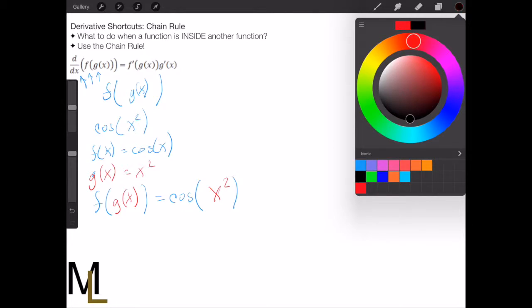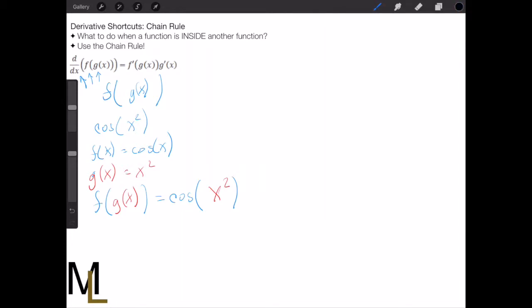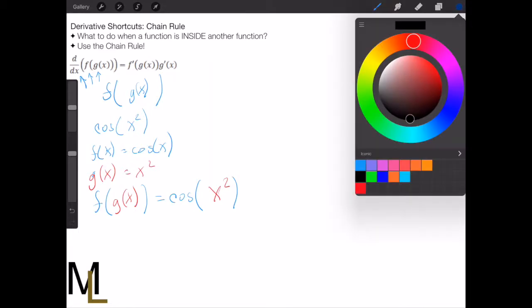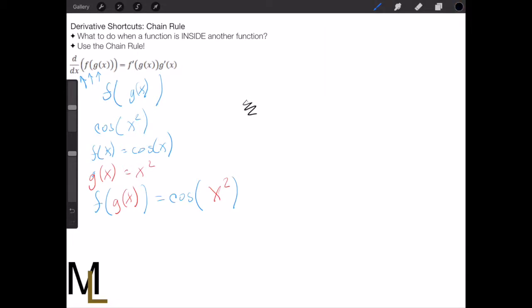So let's go ahead and try to solve this problem right here. If someone asked us, what is the derivative of cosine of x squared?